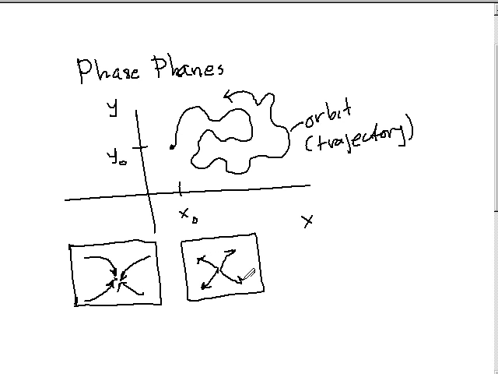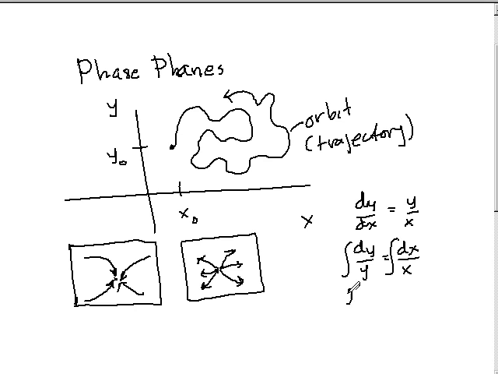Now remember what I said about finite time. If you look at a case like dy/dx equals y over x, you could write this as dy over y equals dx over x.